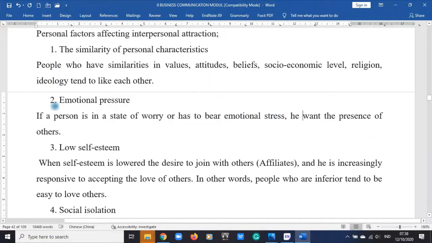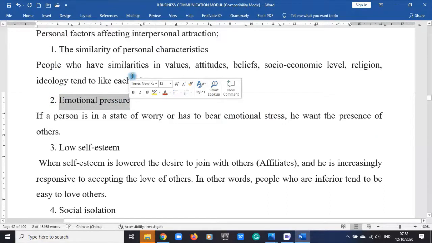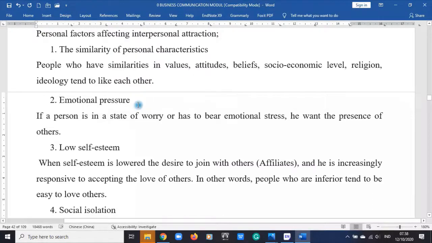And usually we will like that person who always accompanies us during our down times, right? When you have that kind of friends that always accompany you, we tend to like that person more than other people. That's the point of number two.